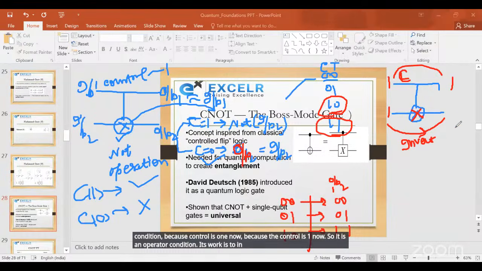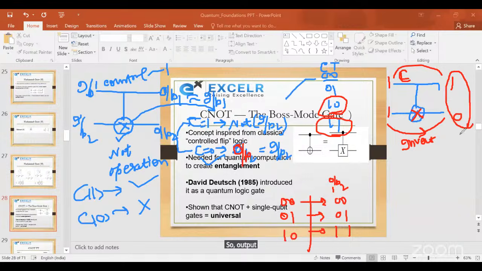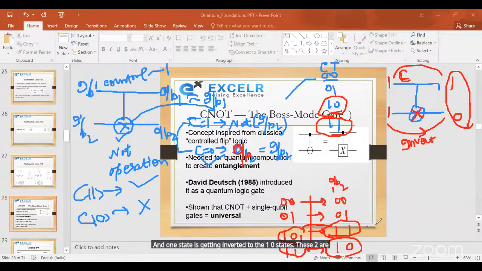Inverting 1, we get a 0. So in the output stage we get 1, 0. So for 1, 1, we get 1, 0. See here, 1, 0 is getting inverted to the 1, 1 state, and the 1, 1 state is getting inverted to the 1, 0 state. These two are interchanging.